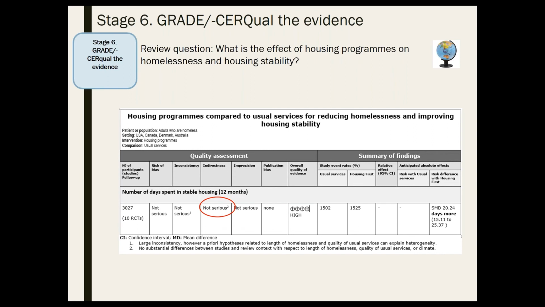If we were making a grade assessment for the global context, we would have gone through the previous slides and the previous stages where we did subgroup analysis and come up with no concerns, not serious concerns, because there's no substantial differences between the studies and the review context with respect to length of homelessness, quality of usual service, or climate.